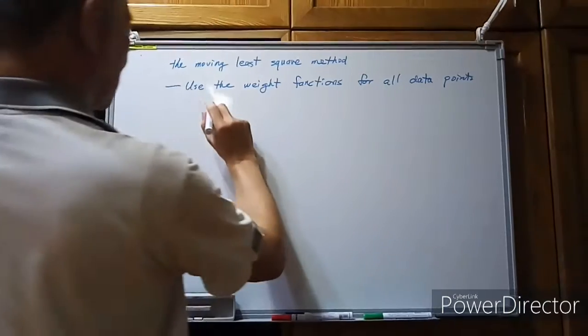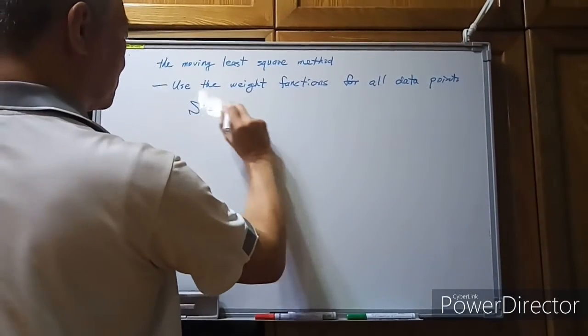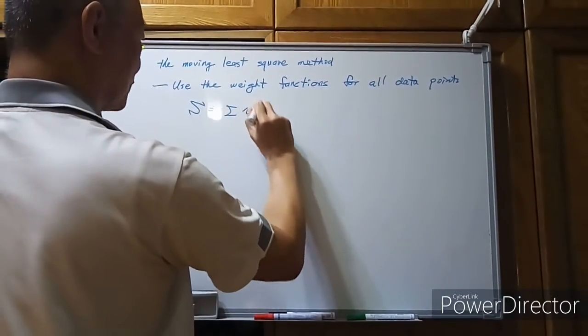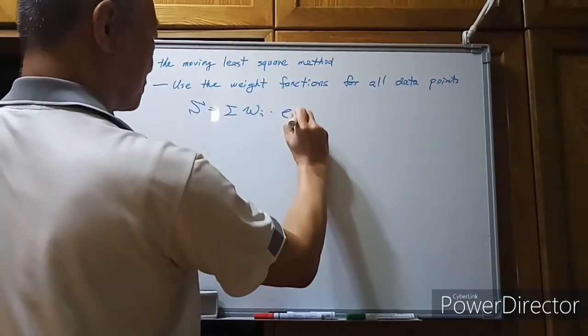So it means right now capital S is the summation of Wi times Ei squared.